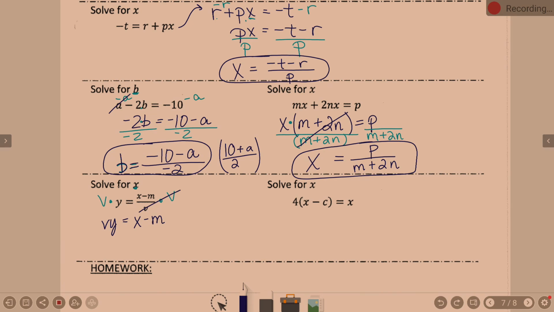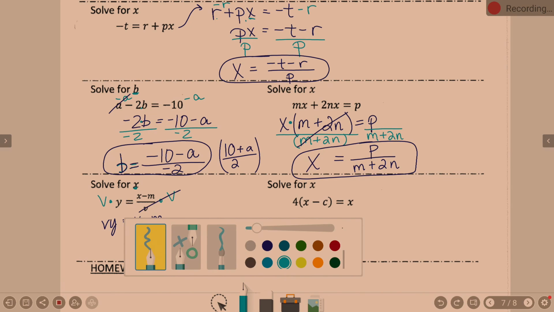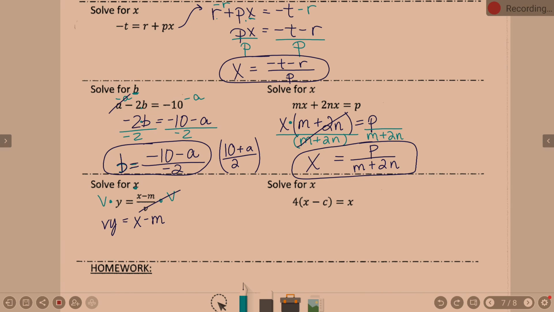How do you move a minus m? The opposite of subtracting m is to add m. If I add m on one side, we add it to the other side. What is vy plus m? I'm going to flip-flop my sides here. x equals vy plus m.